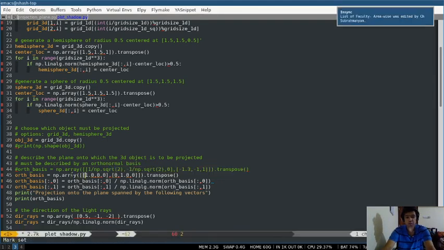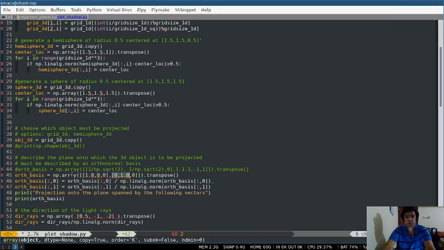So this is u1 and this is u2, and this is the object. I can select different objects. I have a hemisphere, a cube, and a sphere. So right now I'm choosing a cube. It's a discretized version, of course.